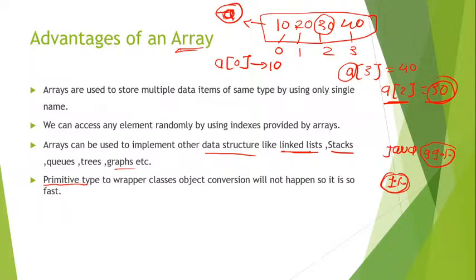Here we have a primitive type. What does it mean by primitive? Everything in Java has a class. If I want to use the array, they have already created the array class. If I want to use the string, they have created the String class.